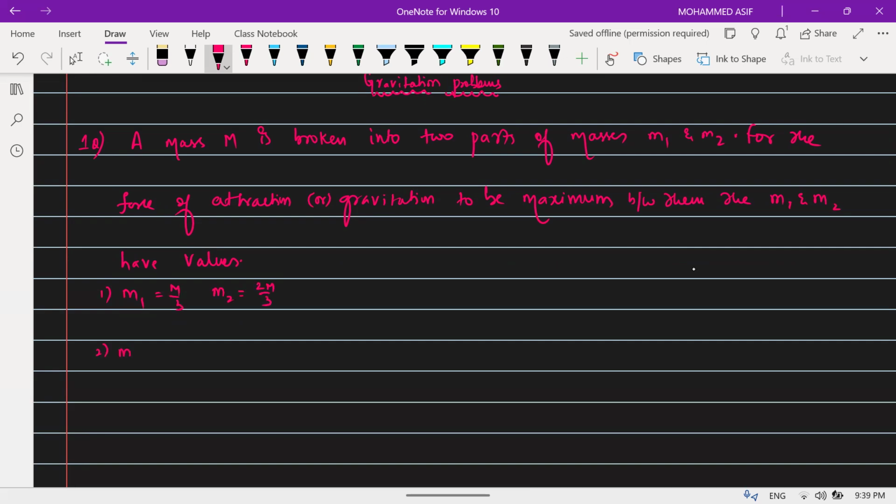Second option is M1 equals 2M divided by 3 and M2 equals M divided by 3. Third option is M1 equals M2 equals M divided by 2. And fourth option is M1 equals M divided by 4 and M2 equals 3M divided by 4. So try it quickly.